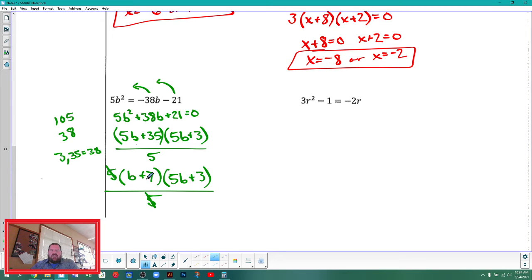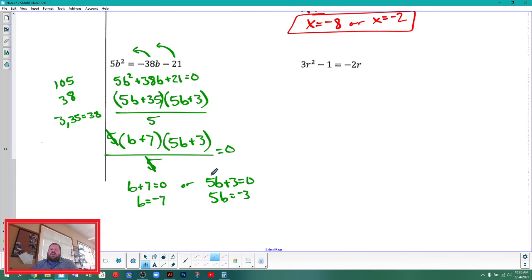That 5 cancels there. So that equals 0, which means that either b plus 7 equals 0 or 5b plus 3 equals 0. b here would have to be negative 7. And here I'm going to subtract the 3. I'll go ahead and write it.